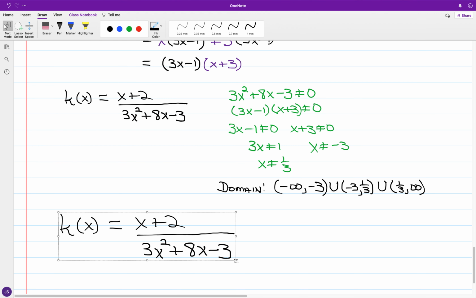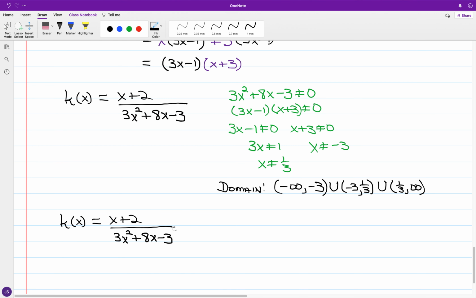And as for the determination of vertical asymptotes, again, we have k of x equal to this ratio, and looking at the factored form, we have the quantity of 3x minus 1 times that of x plus 3.